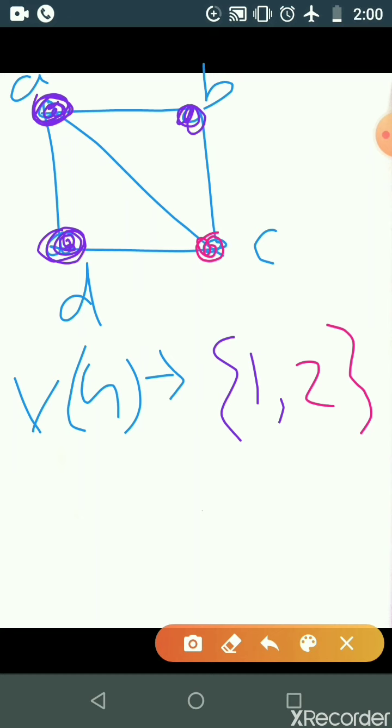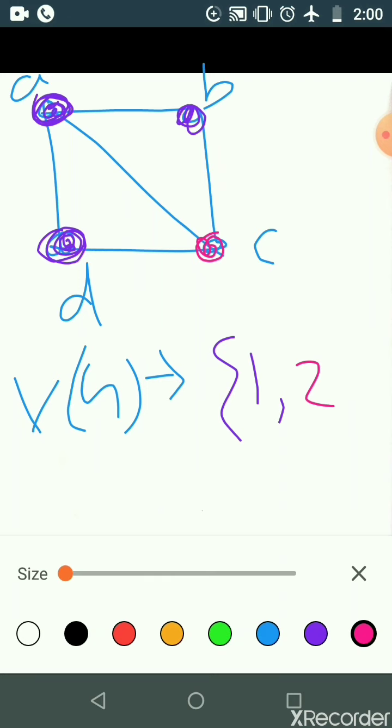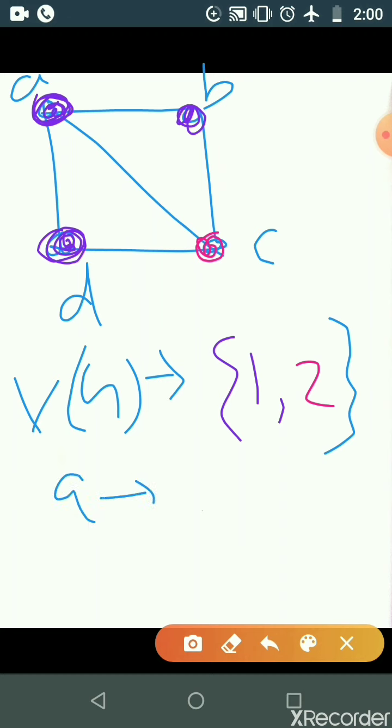All the vertices are being assigned either color 1 or color 2. So A is going to color number 1, B is going to color number 1, C is also going to the same color 1, D is different, that is color number 2.